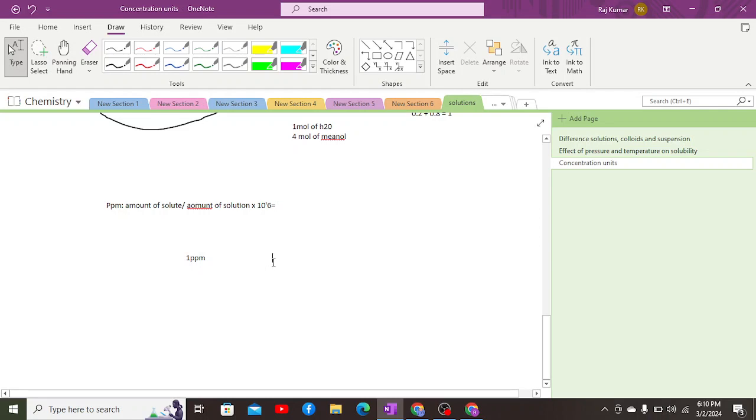So here, let's suppose if we consider there is 1 ppm of impurity in water. 1 ppm of impurity in water basically shows that out of 1 million particles of water, there is one particle of impurity present within the water. So this is how we consider parts per million.